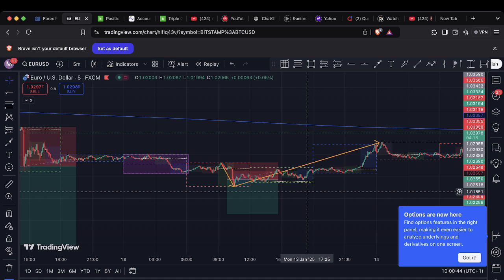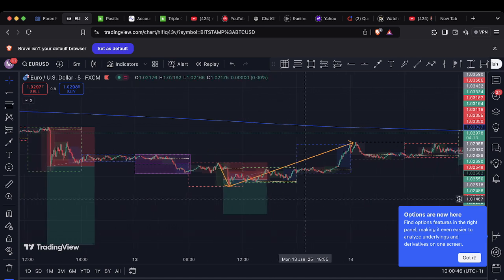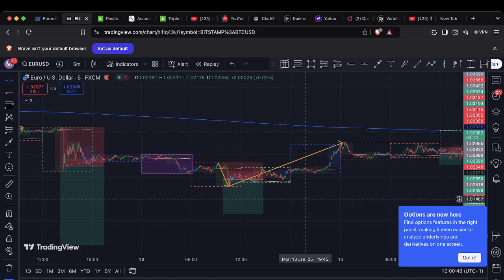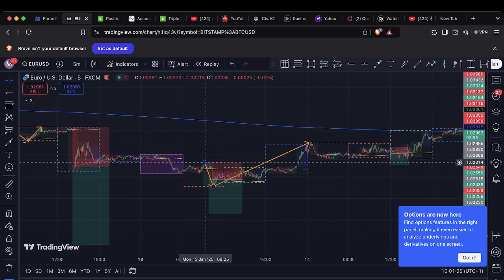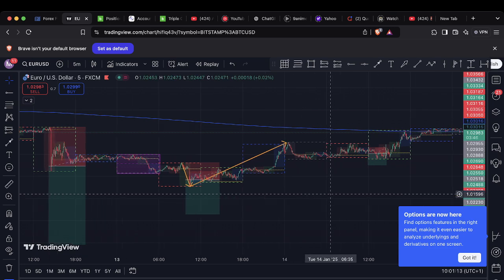Whereas when it does the opposite, it reduces your chances. It doesn't mean that you can't get a winner whenever things go that way, but it drastically reduces your chances of having a good trade. So this guy was a loser because the market manipulated down first. The best thing we would have wanted to see is the market manipulate up first before coming down.